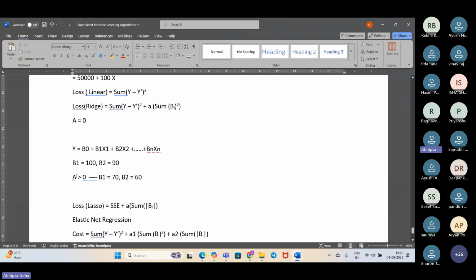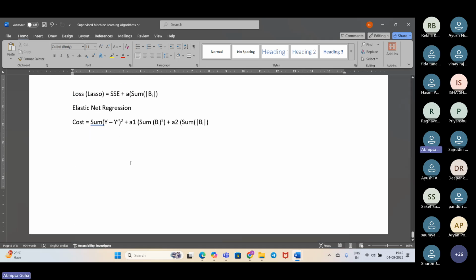But in the case of ridge and lasso, we take this alpha value into account. It has some effect on the B1 and B2 values, which is why the value from the original is shrinking. Whatever our coefficient is, we are making the values a bit less so that we can prevent overfitting. Got it? Okay, ma'am.